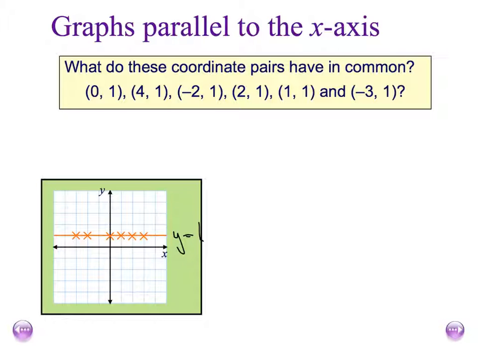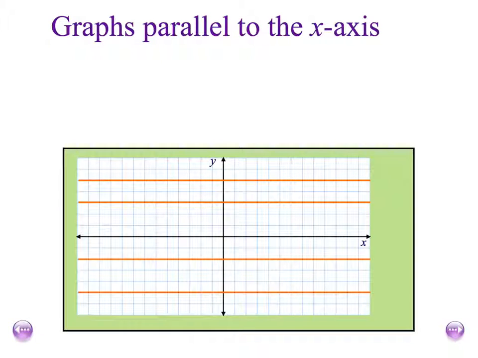Notice how y equals 1 is parallel to the x-axis, and the x-axis is also y equals 0. It seems very confusing. It's the opposite way to how many of us would expect. But there's our line y equals 1, and then y equals 3, y equals 5, y equals minus 2, and y equals minus 5.